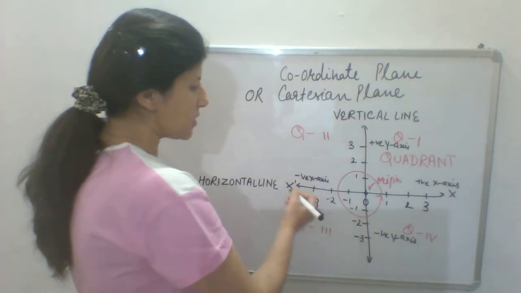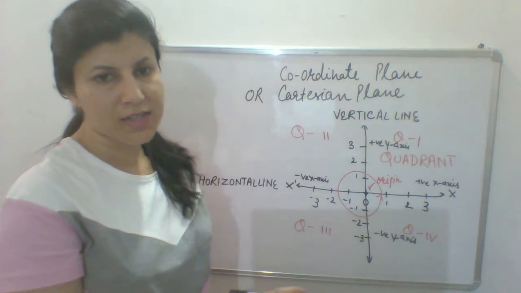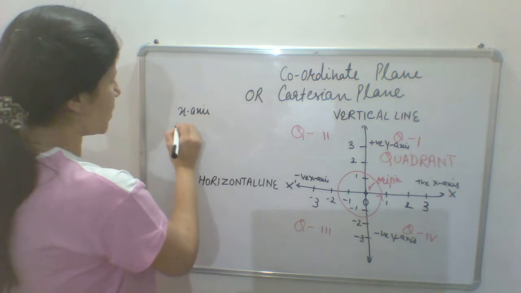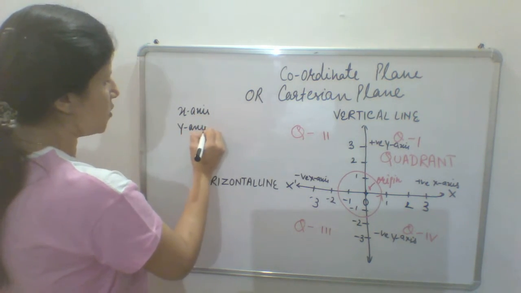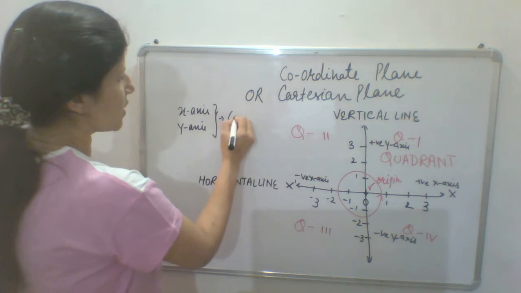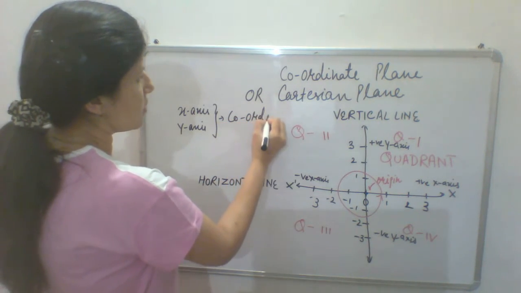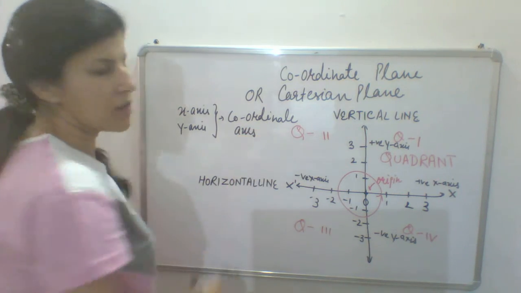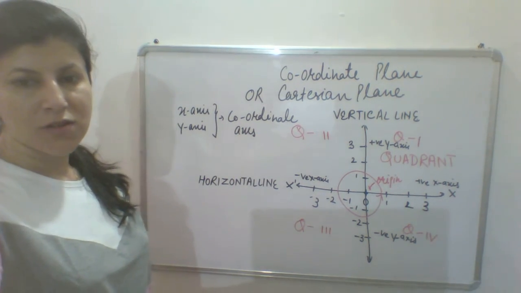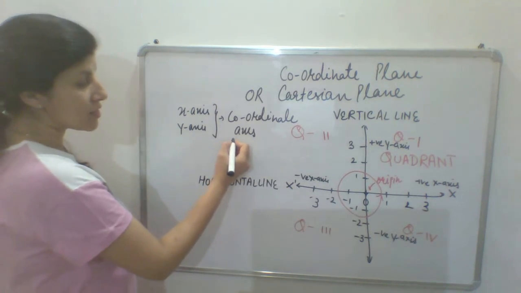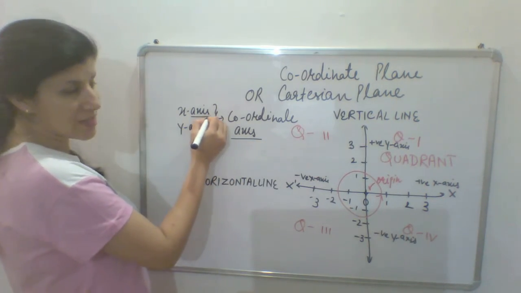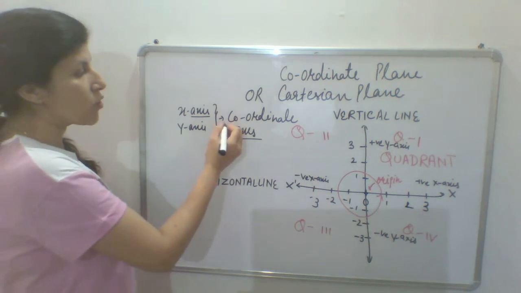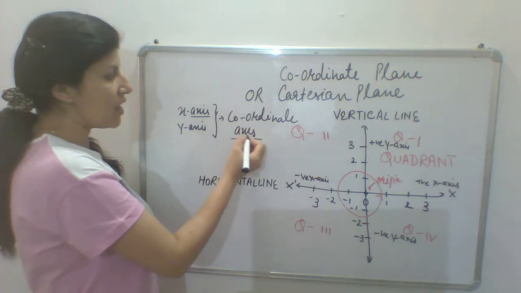And these two axes are called coordinate axes, x-axis and y-axis, together called coordinate axes. Is it clear? Students, here you can see this axes is the plural of axis. This is x-axis, y-axis and together they are called coordinate axes, A-X-E-S.